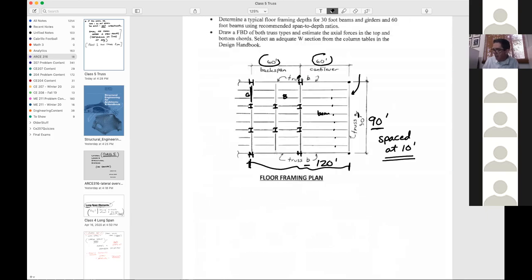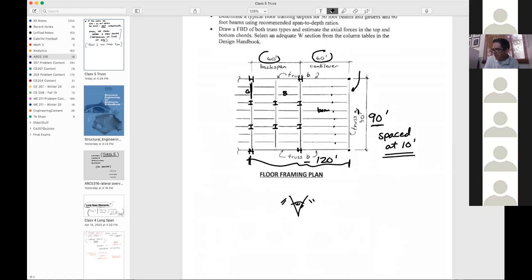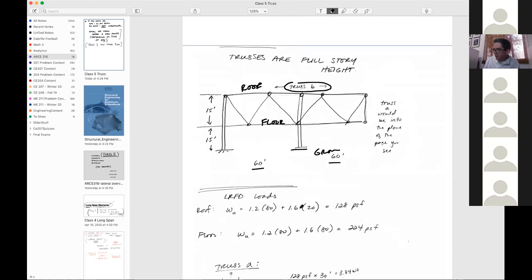That would be looking in this direction. That's an eyeball right there. Looking in that direction. And so truss A would be into the plane of the page. That would be where truss A is. So truss A is being supported out there on the far edge of truss B.